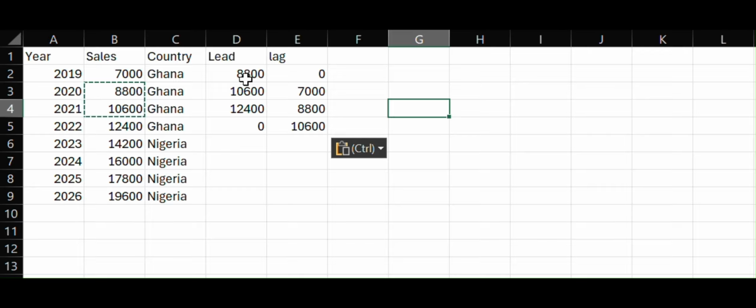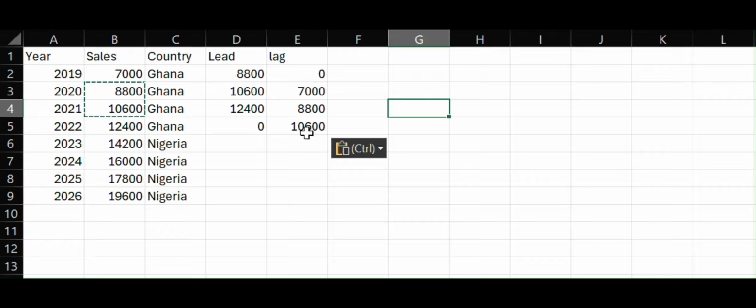And as you can see, we have this 8,800 here showing the three values. And then looking at here, we have the previous value, which is the 7,000, previous value of 8,800, which is 7,000. We have this and we have that.